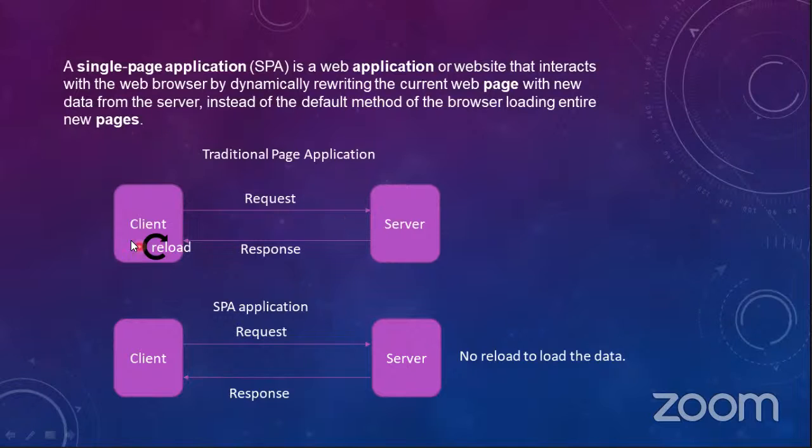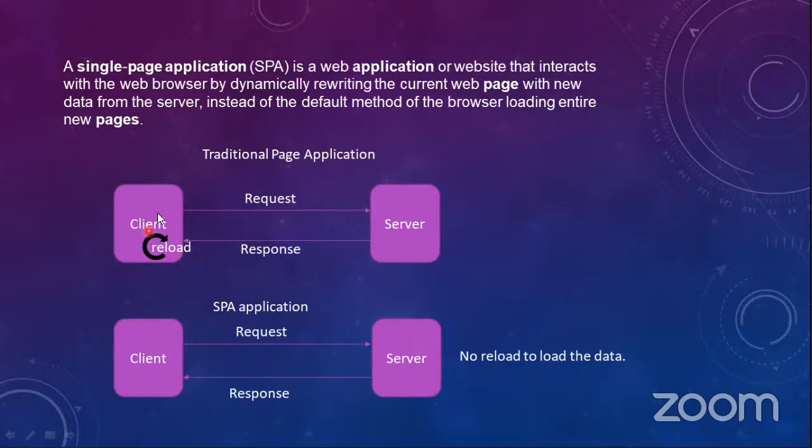In the traditional days, as you can see here, the client is nothing but your web browser, which is where the web application runs. Your server is nothing but the backend, which might be sitting somewhere in a data center or server management place. In IT language, a server is one computer sitting there.